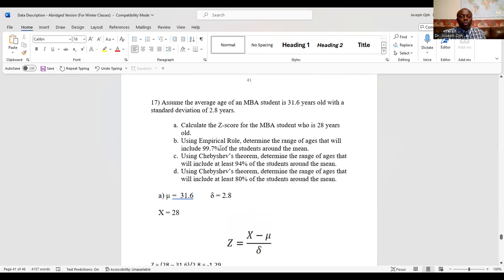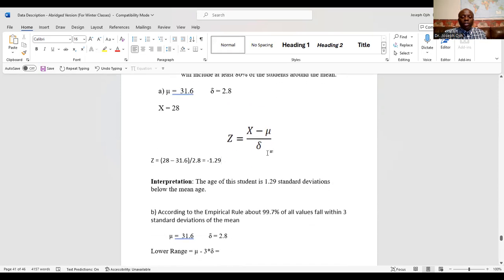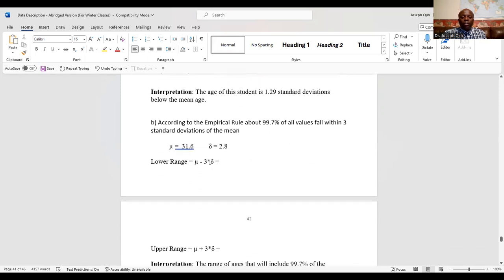Part B says, using the empirical rule, determine the range of ages that will contain 99.7% of the students around the mean. According to the empirical rule, about 99.7% of all values fall within 3 standard deviations of the mean.